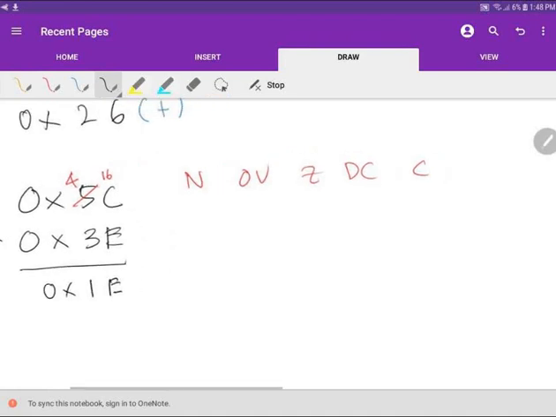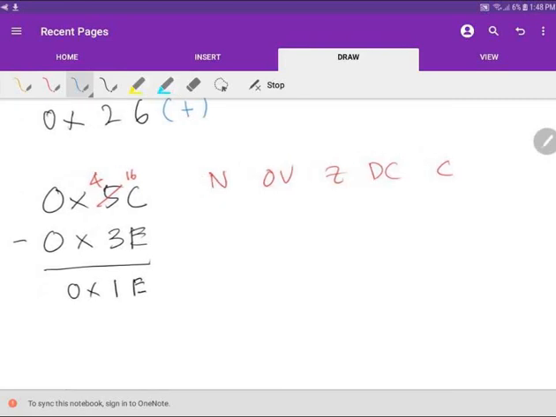So again, let us try to do the answer. Is it negative? Is 1E negative? Oh, it's positive. Do we have overflow? So this is positive minus positive. Which one is the larger positive number here? The upper one. For positive you can directly compare. So by right it's supposed to get positive, and you are getting positive.